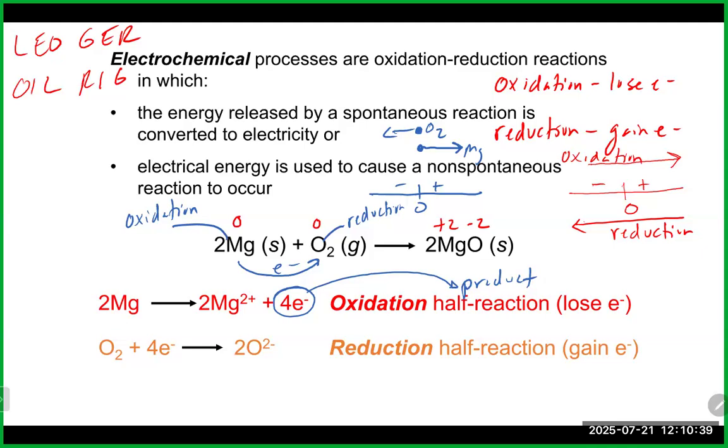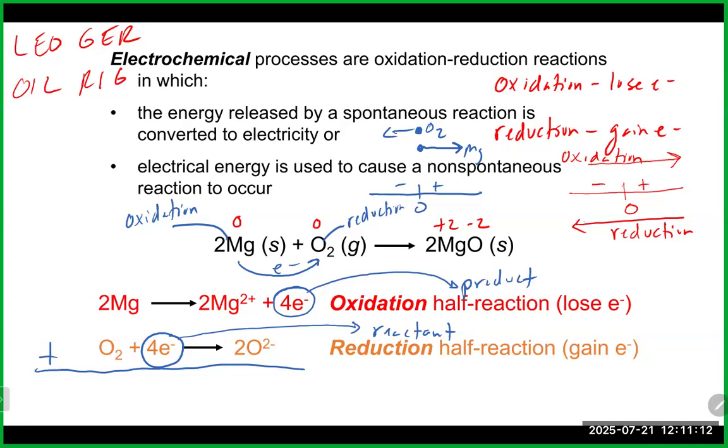Each magnesium will lose two, and that's why we're up to 4 electrons here, since we have 2 magnesiums. Over here is the reduction half reaction, and that is where oxygen is gaining the 4 electrons. We think of a reduction half reaction as having the electrons on the reactant side, like they're being gained. They're called half reactions because when you add them together, they should add back up to the overall reaction that is taking place.